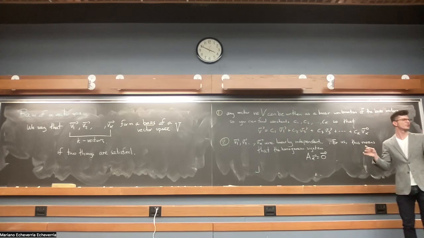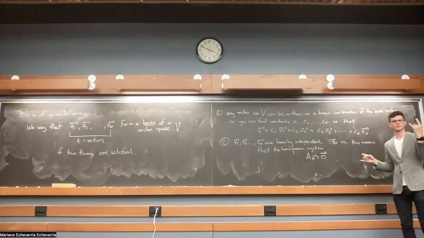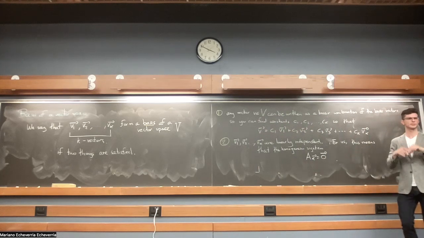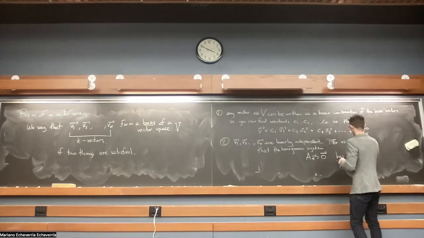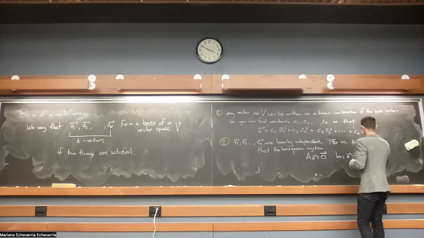If you remember, a homogeneous system always had at least one solution, or infinitely many. So I'm saying the thing that will make this linearly independent is that there's only the trivial solution. It has X equals 0 as the only solution.